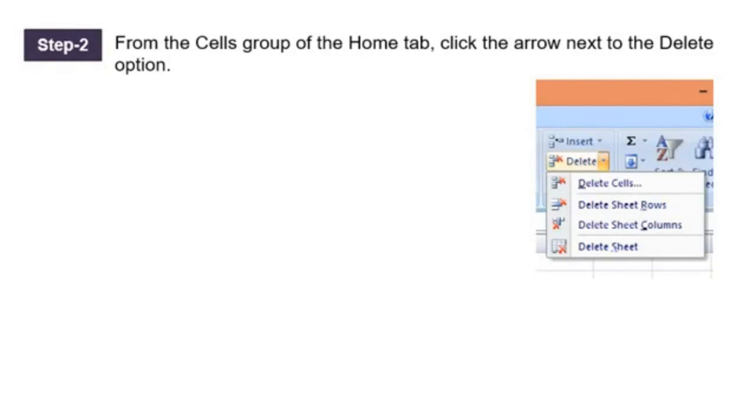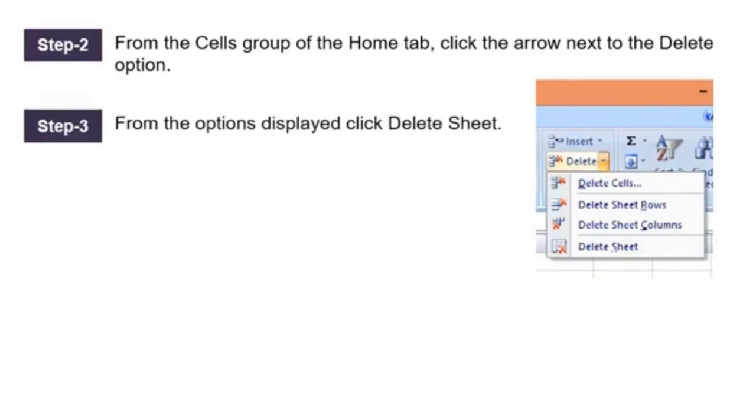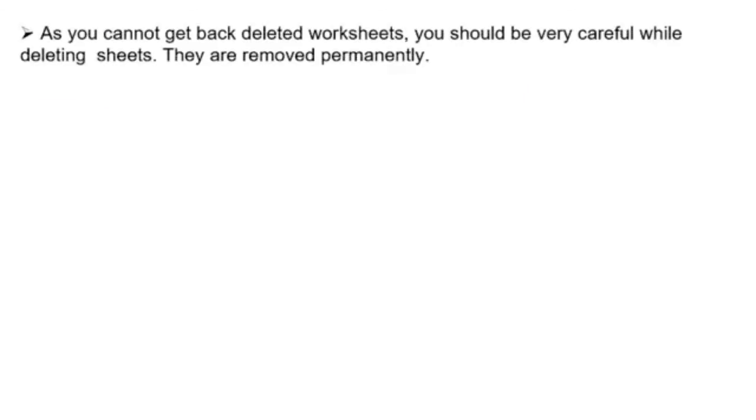From the Cells group of the Home tab, click the arrow next to the Delete option. From the options displayed, click Delete Sheet. As you cannot get back deleted worksheets, you should be very careful while deleting sheets.